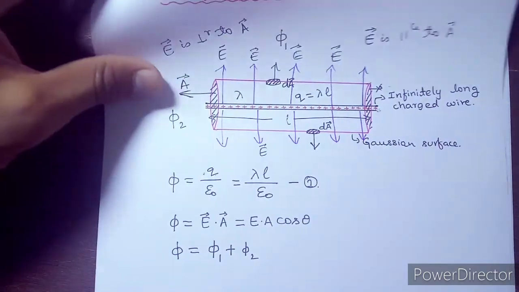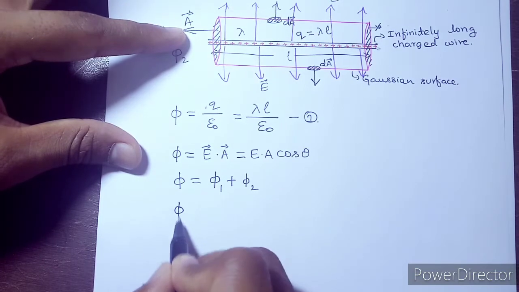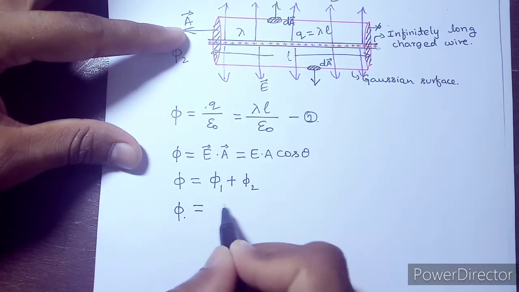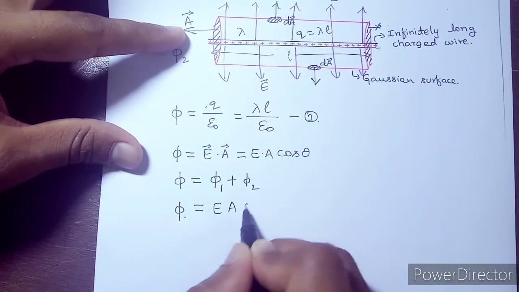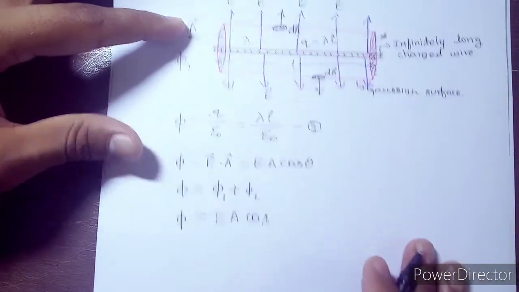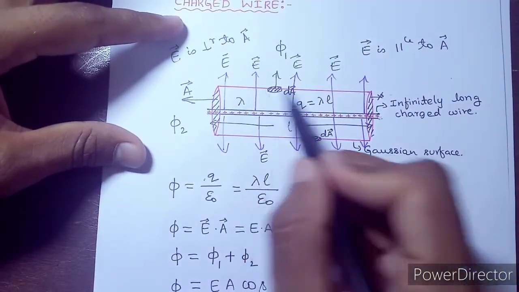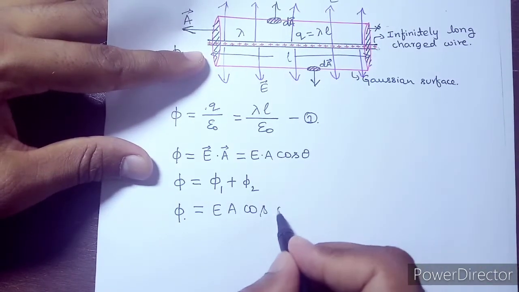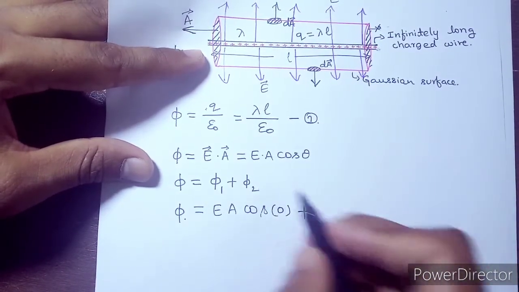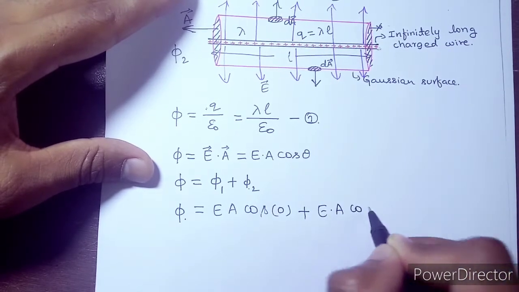So let us find out the phi 1 first. So here total phi is equal to phi 1 plus phi 2, where phi 1 is E A cos theta, the flux through this curved surface. Here E is parallel to A means theta will be 0, plus phi 2 is E A cos theta.